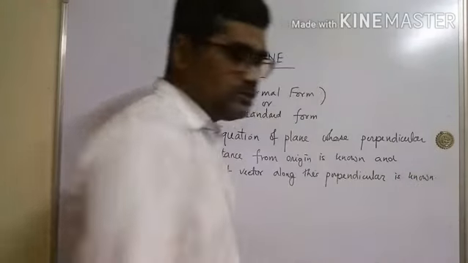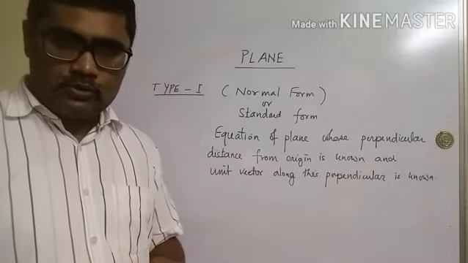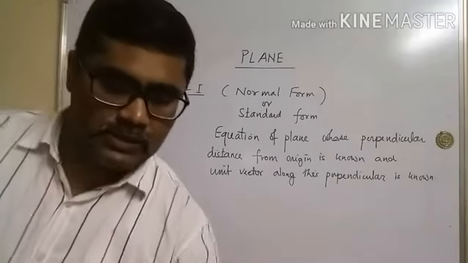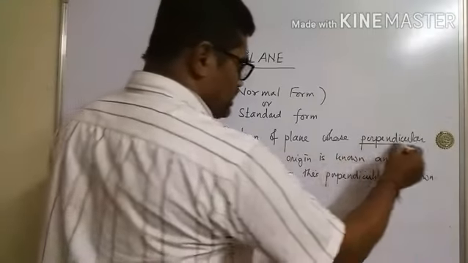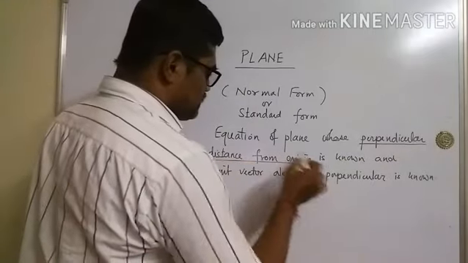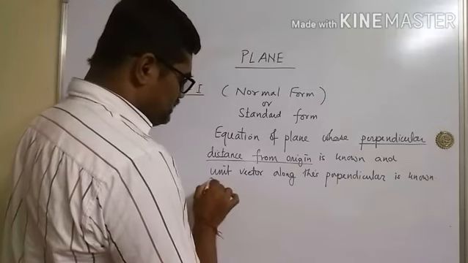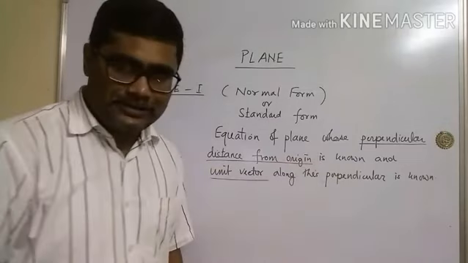So these are the two things which you must know in order to decide what is the equation of this particular plane. What are the two? Perpendicular distance from the origin and the unit vector along this perpendicular, right?